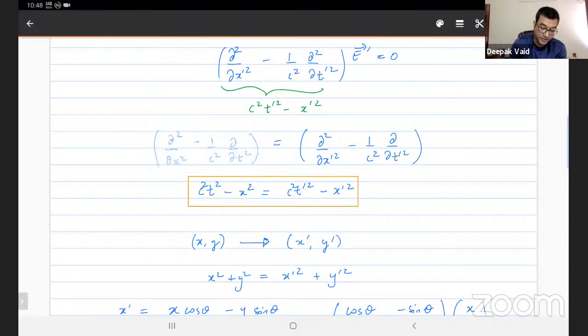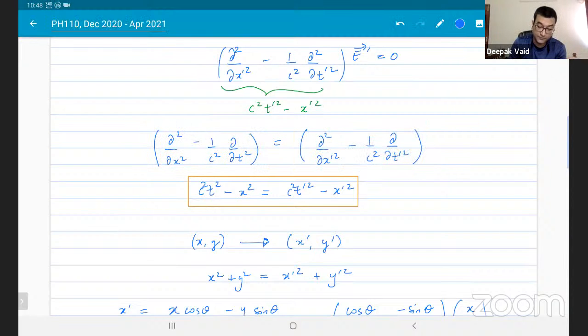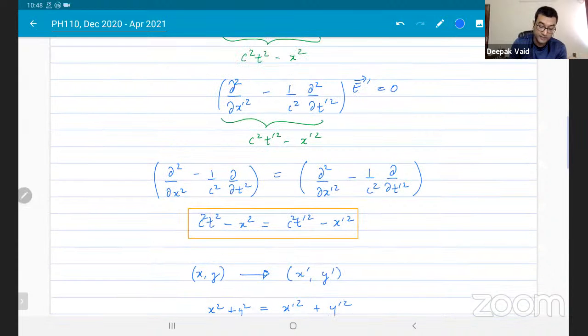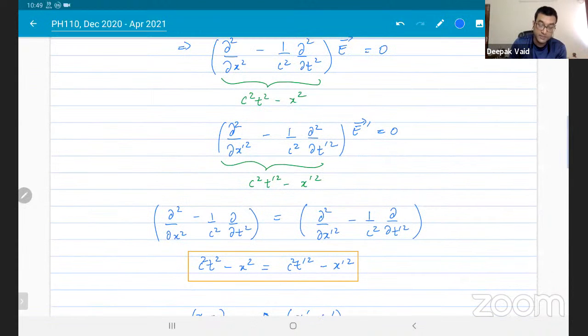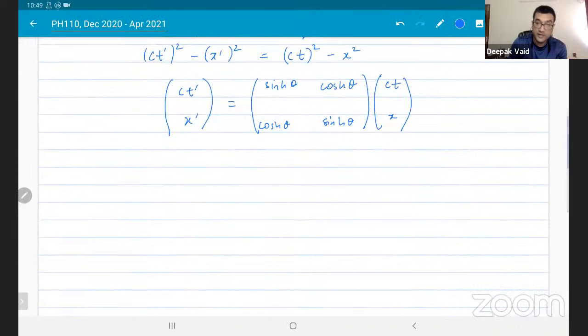So this operator in the new frame of reference will look exactly the same. And if that operator looks exactly the same, then Maxwell's equation will look exactly the same. And what would be the implication of that? That would mean that the speed of light, the speed of Maxwell's waves, doesn't change as you go from one frame to another frame, right? And that is Einstein's second postulate.